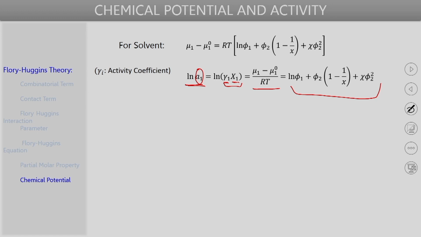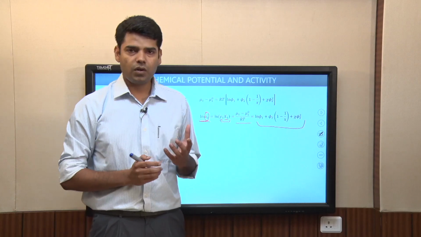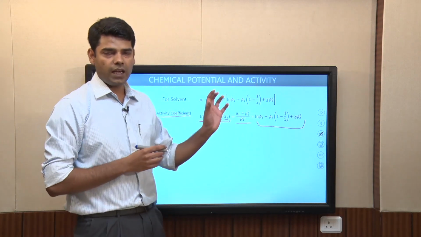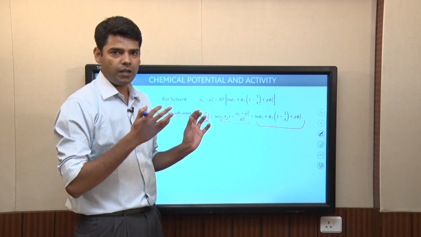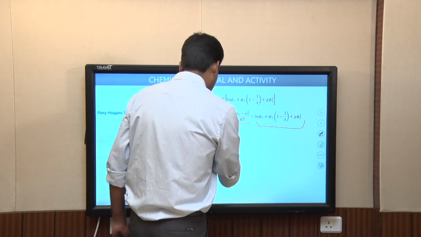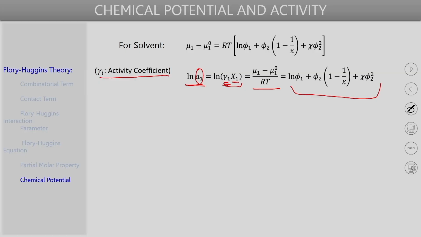These gamma i are referred to as activity coefficients, and these are basically quantities which connect the activity to the mole fraction. So, any activity ai is simply gamma i times xi. We see that both the activity as well as the activity coefficients can be obtained from this expression for the solvent.